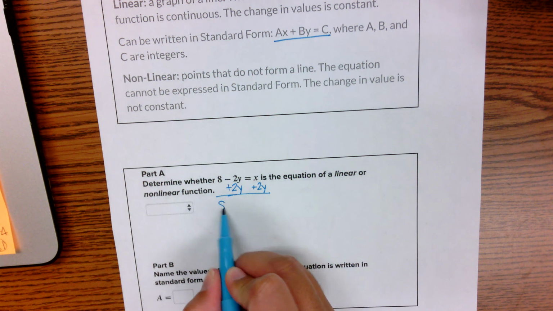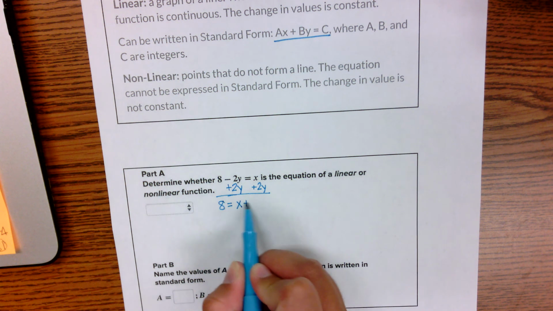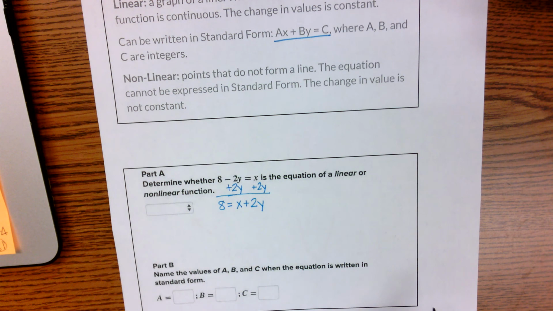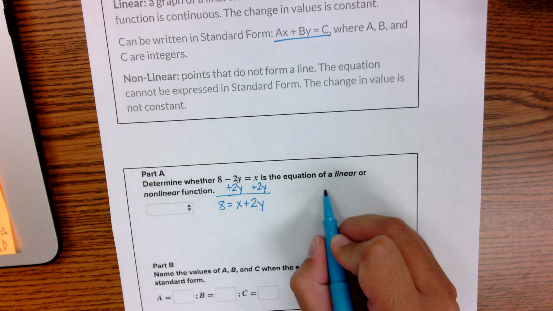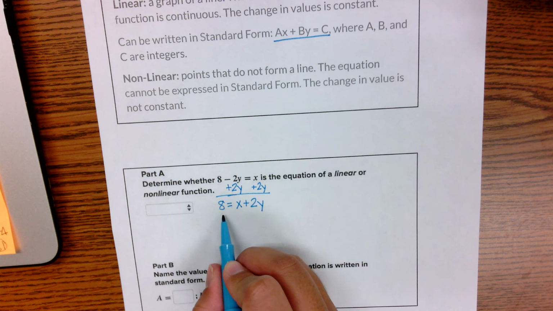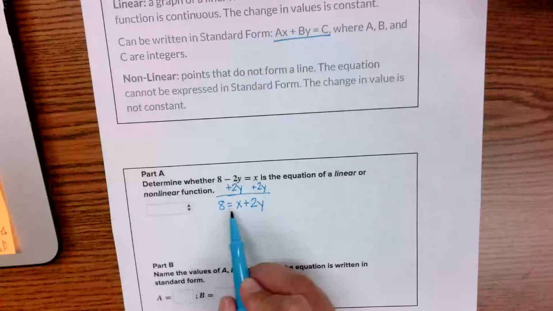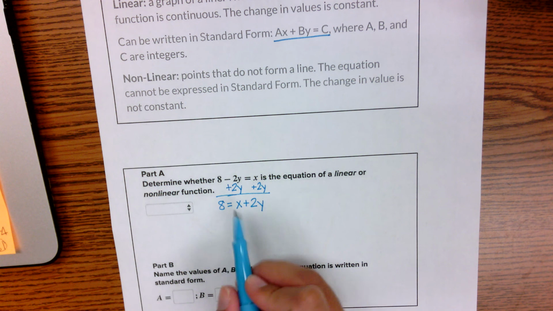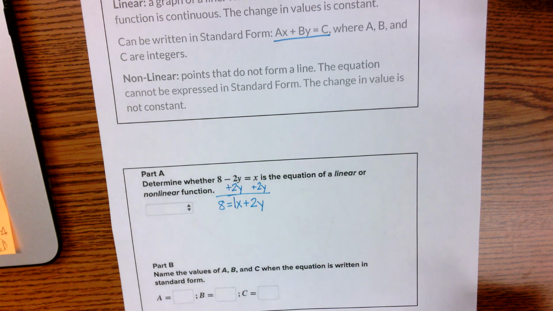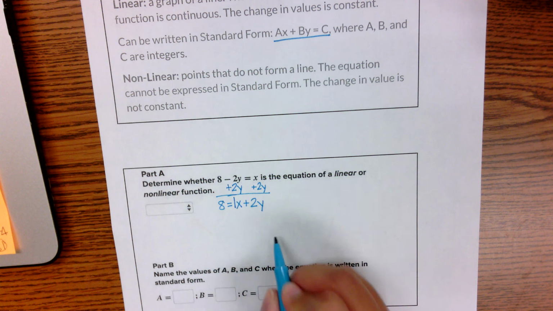That gives me 8 equals x plus 2y. That's basically the same thing, only I have my c in the front instead of at the end, and that's okay. All of those are integers. There's no fractions. Right here we have a 1. So this one is linear.